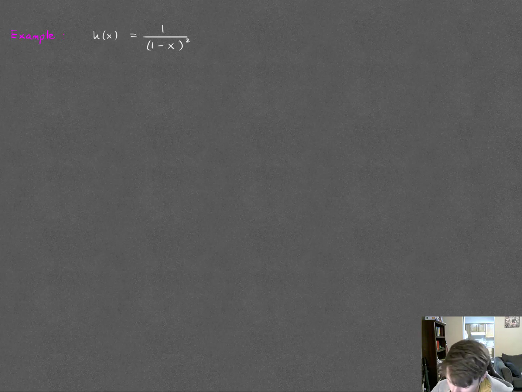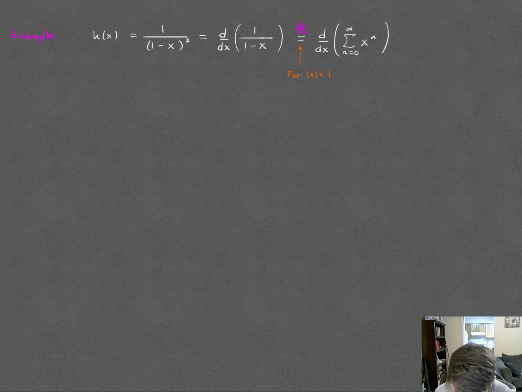So, we'll look at an example. We have h of x is equal to 1 over 1 minus x squared. So, 1 over 1 minus x squared is d dx of 1 over 1 minus x. So it's the derivative of 1 over 1 minus x.